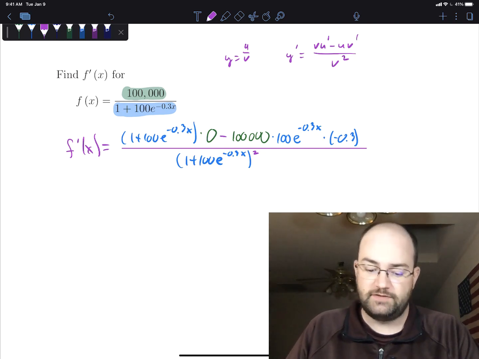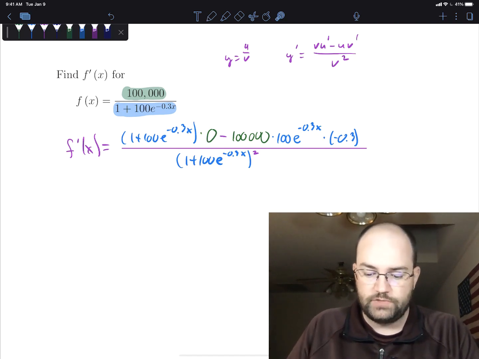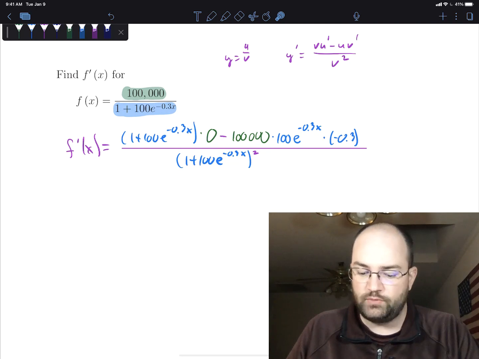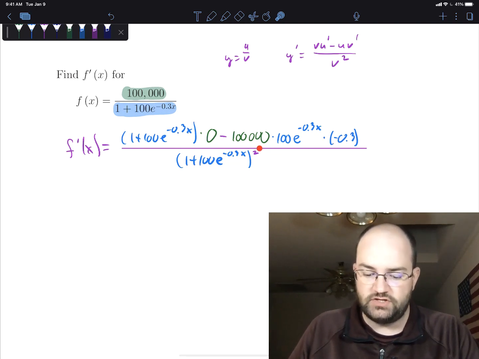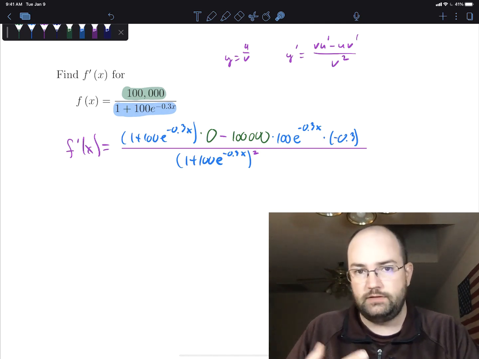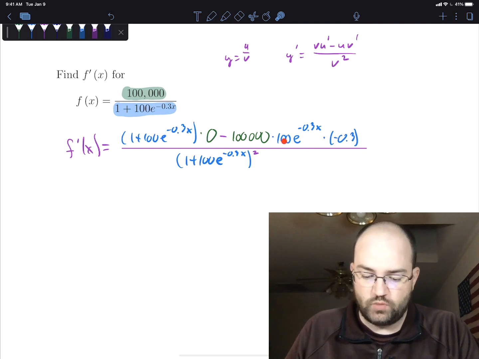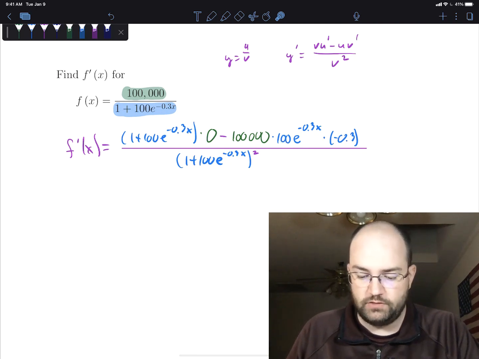At this point, we need to simplify. Notice that 0 times anything is 0, so all that goes away. Now over here, notice that we have a minus, but we also have a negative here, and this is all multiplication. So negative times a negative is positive, so the numerator will be positive. 100,000 times 100 times 0.3. Well, 100 times 0.3, if we move the decimal two places to the right, makes that 30.